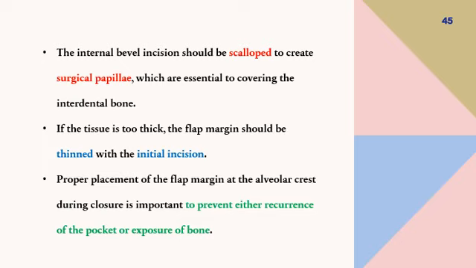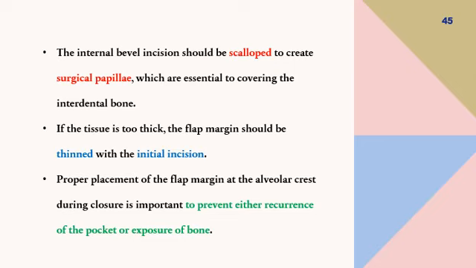The internal bevel incision should be scalloped to create surgical papilla, which are essential to covering the interdental bone. If your incision is not scalloped, your interdental bone is going to get left exposed at the end of the surgery. If the tissue is too thick, the flap margin should be thinned with the initial incision by the angle of the internal bevel incision.